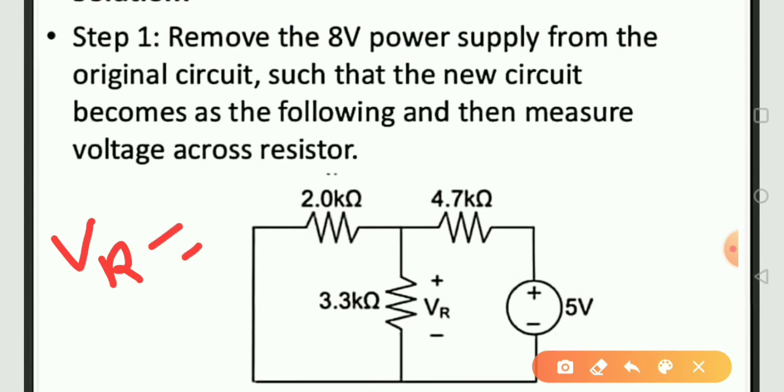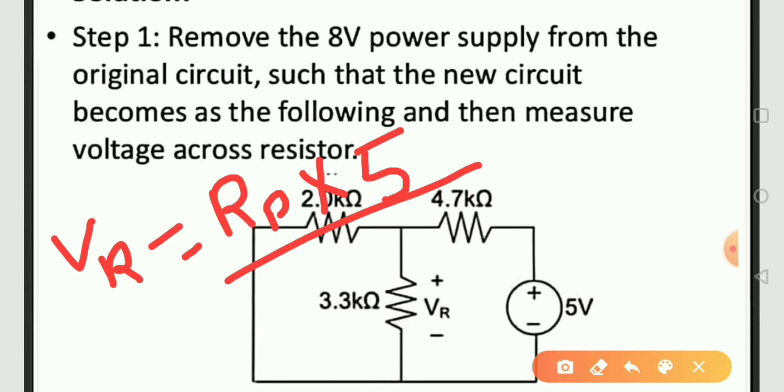The parallel resistance RP into the main voltage source, means the 5 volt source, upon the series resistance 4.7 kilo ohm plus RP.